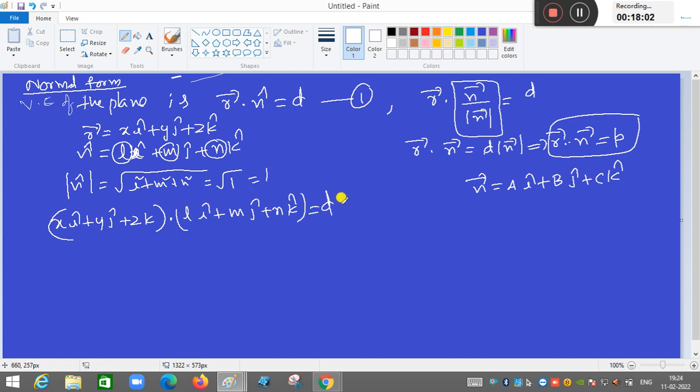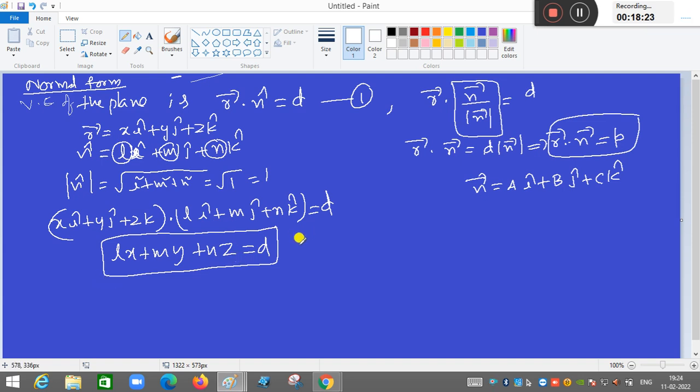Here d is the perpendicular distance from origin to the plane. You should always remember that when n cap is there. So instead of n cap we have written all this. Then finally this equation is lx + my + nz = d. This is the Cartesian form of the plane.